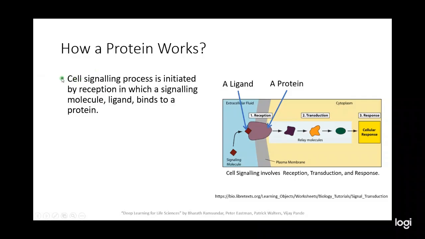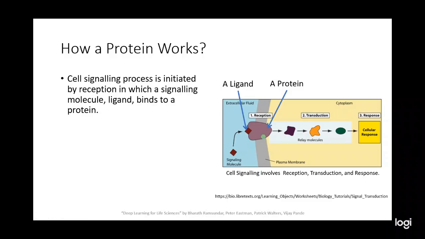Cell signaling begins with reception, where a signaling molecule, known as a ligand, binds to a protein, forming a ligand-protein complex. The cell detects the ligand from its external environment, and the ligand then binds to a receptor protein, either on the cell surface or inside the cell.